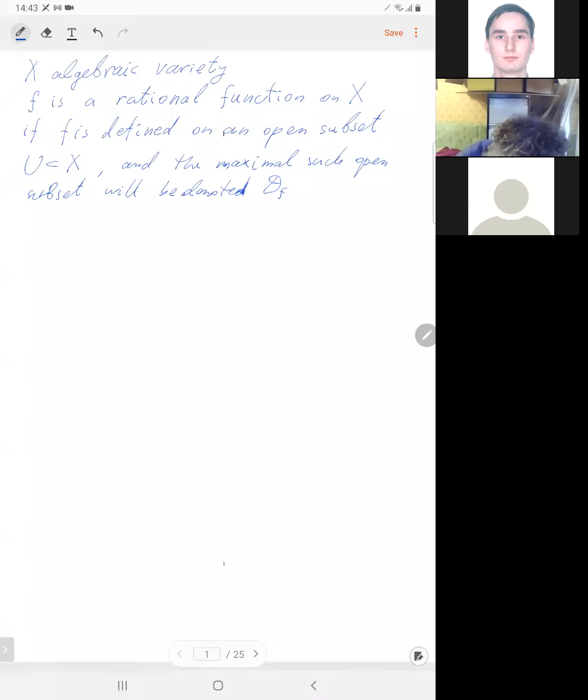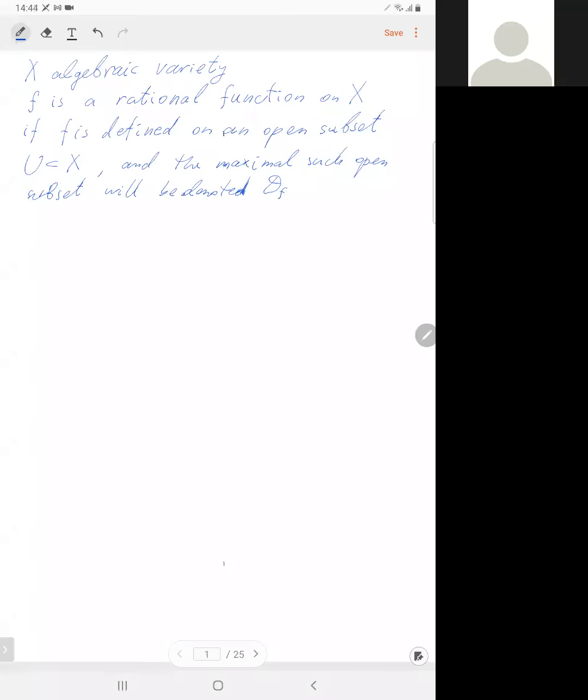Well, sometimes df denotes something else, but maybe we'll survive such notation.